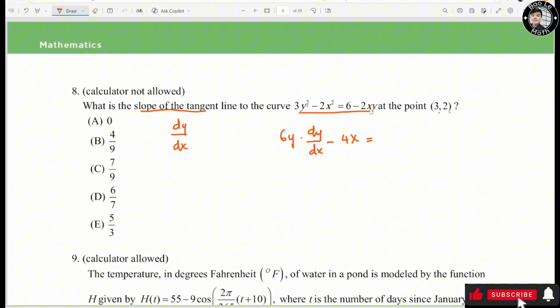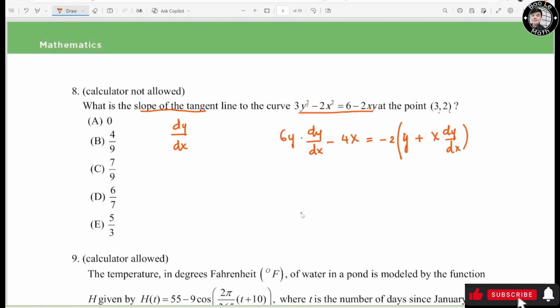Now for this one, we need to use the product rule. So I have negative 2 outside the parenthesis. Derivative of s with respect to s is 1, so I have y only. Derivative of y with respect to s is dy over ds, so I have plus s dy over ds.